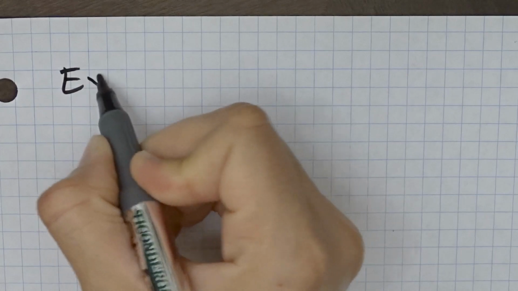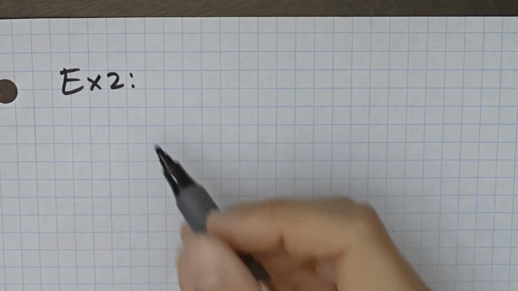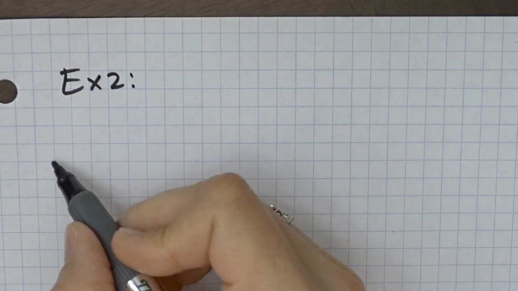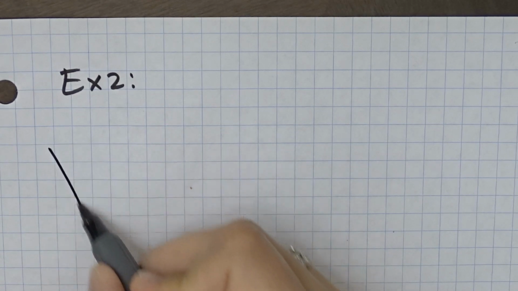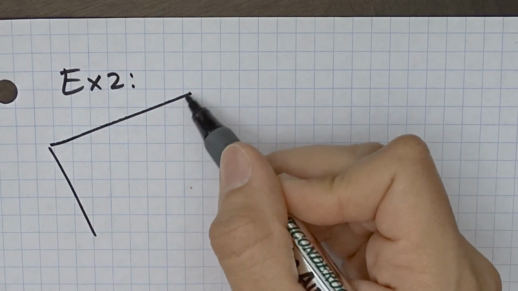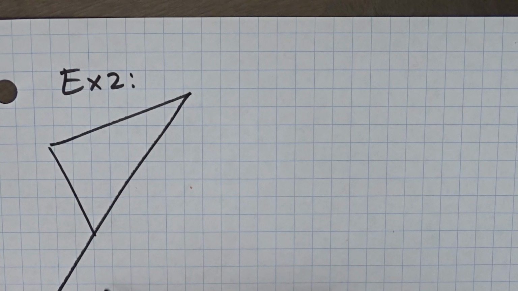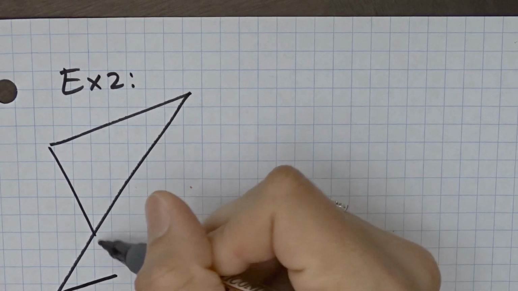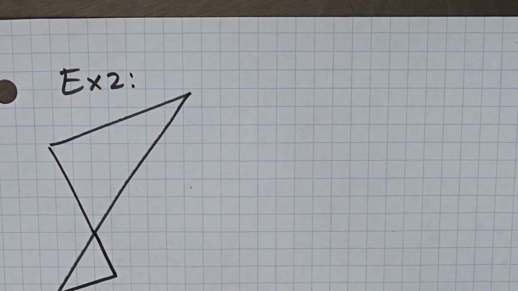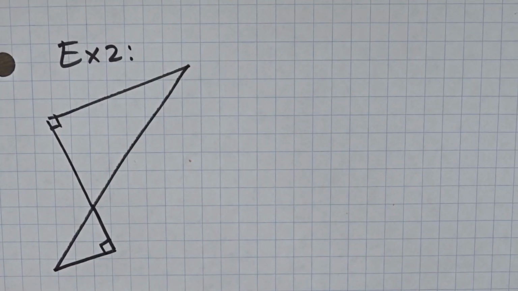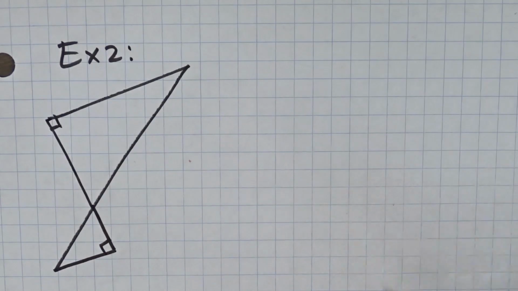All right, so let's look at example 2. For example 2, we have two triangles. They are both 90-degree or right triangles with 90 degrees.